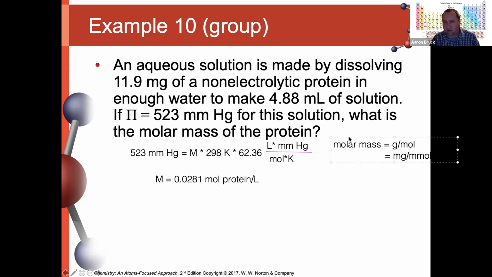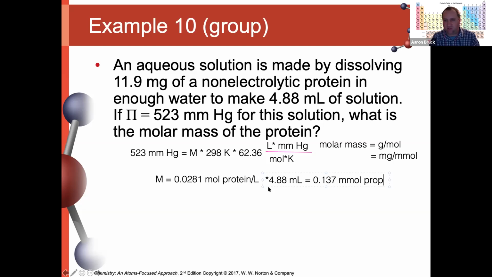And we're actually going to take advantage of that right here. How do I get millimoles? Well, if I multiply by the milliliters here, 0.0281 times 4.88 milliliters, I would get 0.137 millimoles of protein.